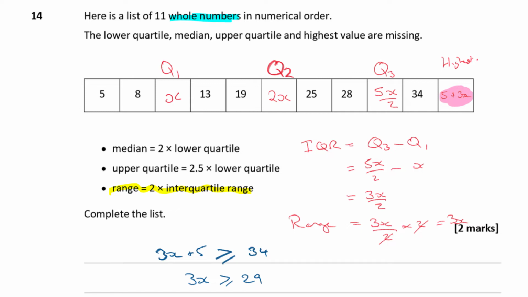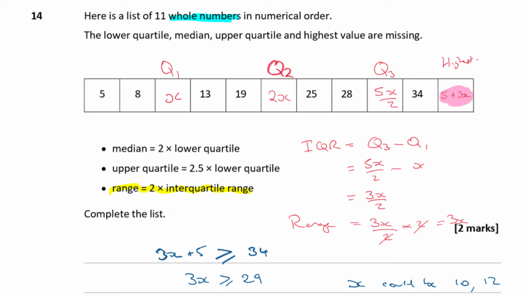Now, does that work in the other situations as well? So I guess if we look at Q3, it's divided by 2, and we know that they need to be whole numbers, so it can't be an odd number. So possible candidates for x could be 10, it could be 12. They're the only two options then, aren't they, in the conditions we've got at the moment.